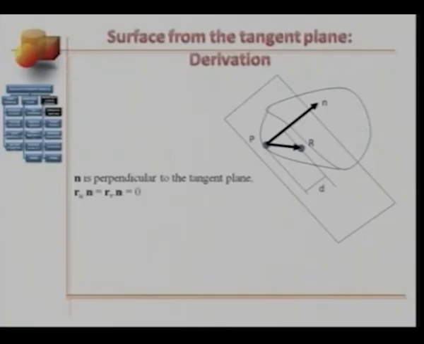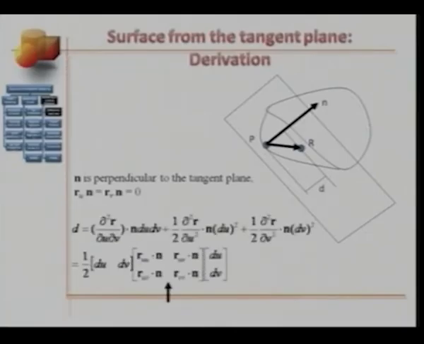Let me quickly go through the math and highlight the salient points. So this 2 by 2 matrix here was something we called the second fundamental matrix.